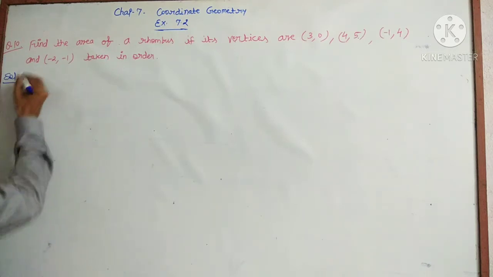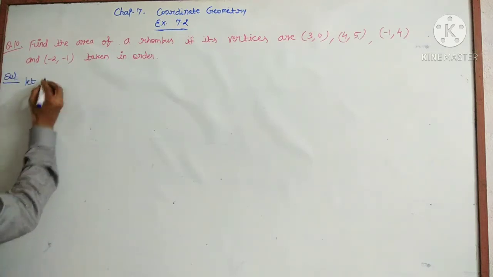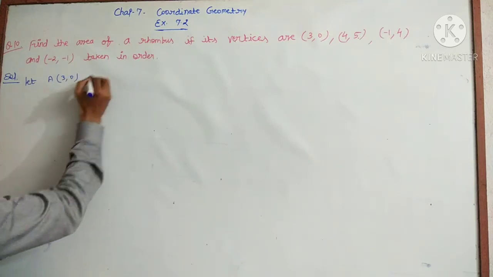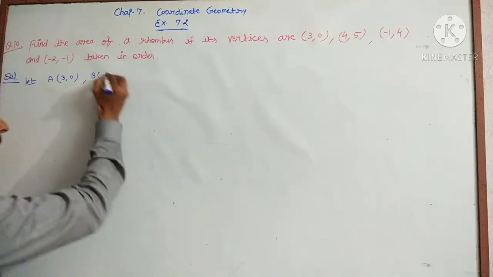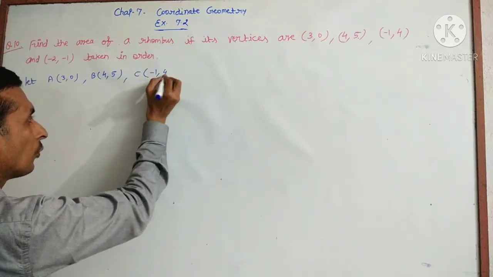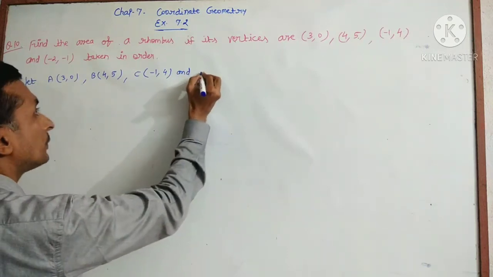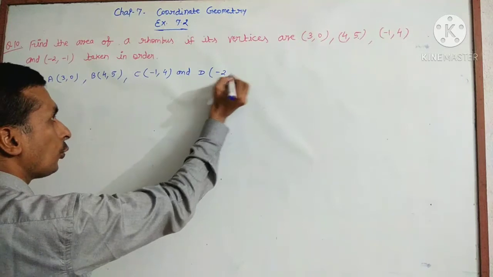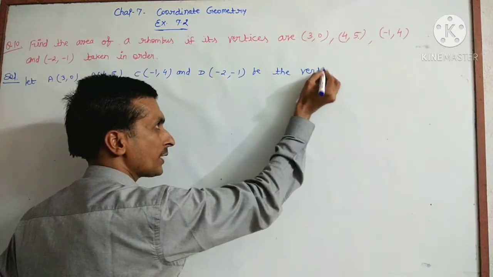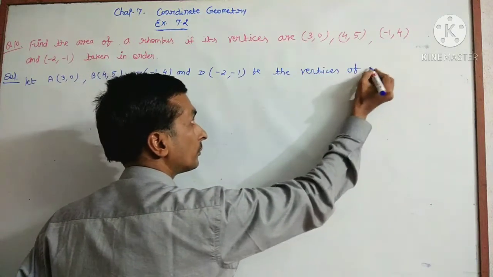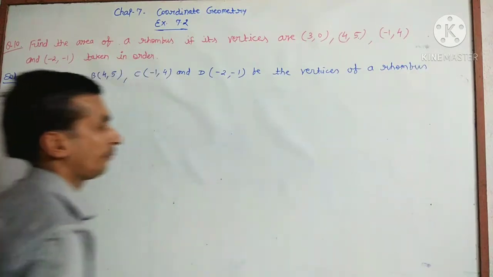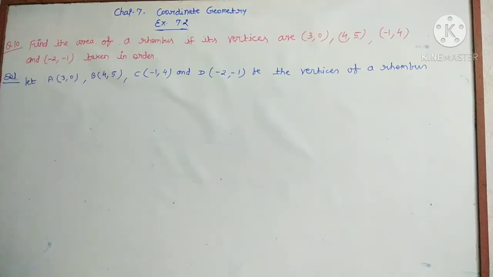So first of all you have to write: let A be 3, 0, B be 4, 5, C be minus 1, 4 and D be minus 2, minus 1, the vertices of our rhombus. Okay, we have to find the area.